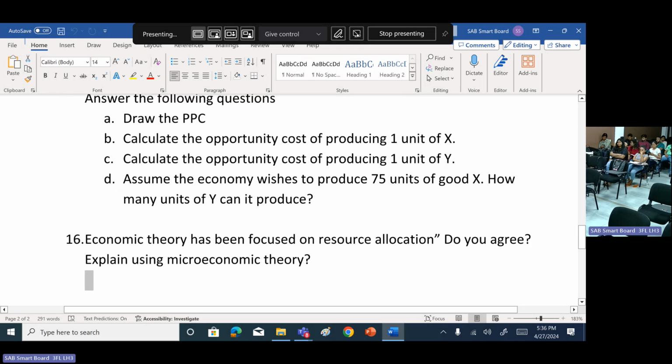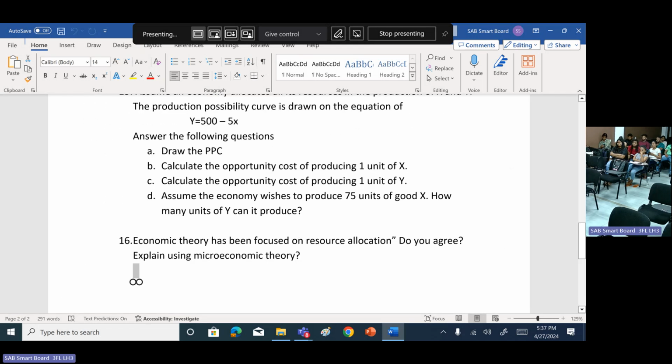We already have some economic theory focused on resource allocation, microeconomics. The economic theory is micro and macro both. Micro will look at the optimal allocation, and macro looks at full employment. You need to look at the macroeconomic point of view.